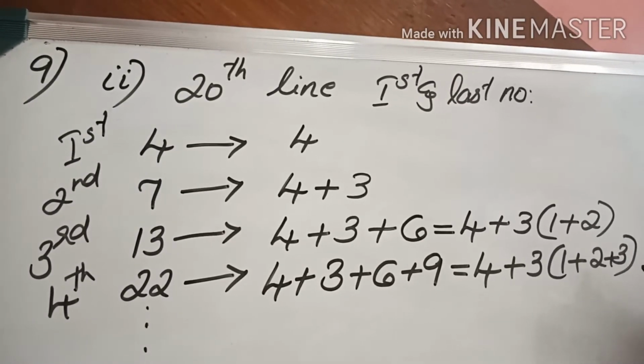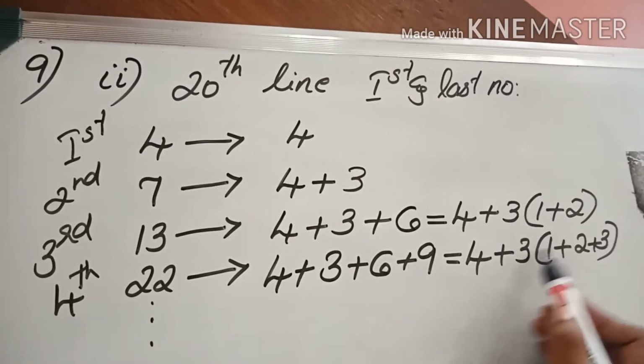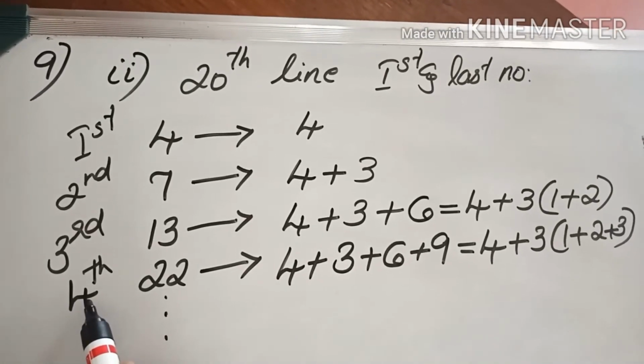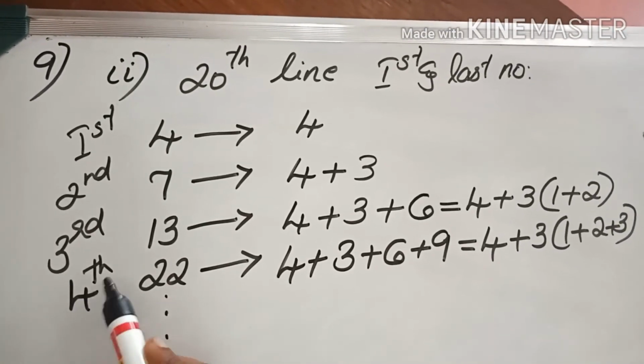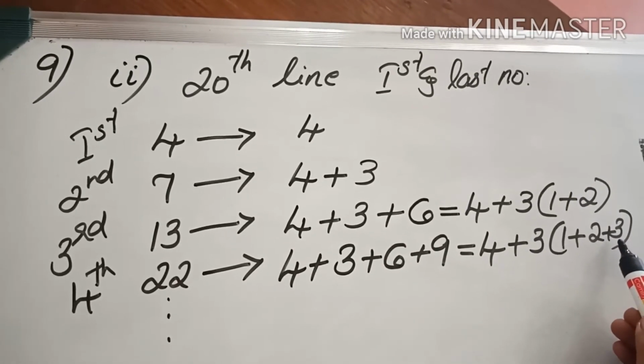Only up to 3 is enough because 9 is 3 times 3. Now check the position. The fourth position's first number: the fourth position means 4 minus 1, so up to 3 natural numbers we are considering.